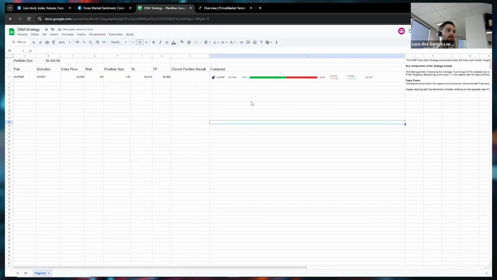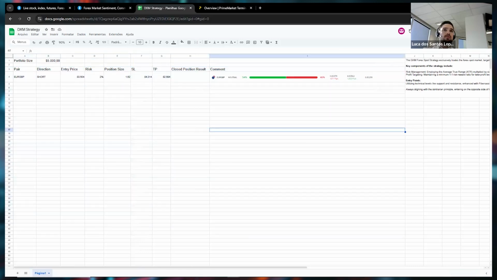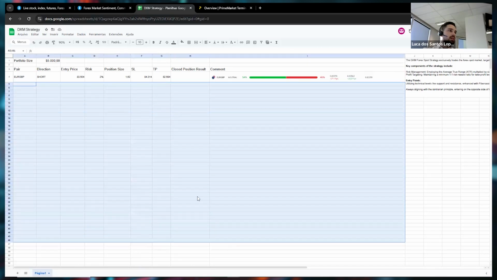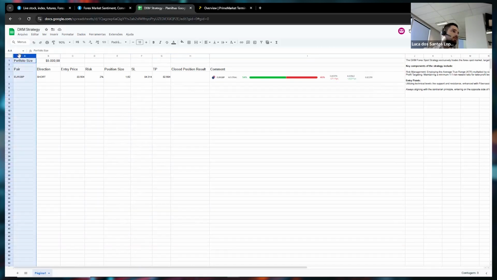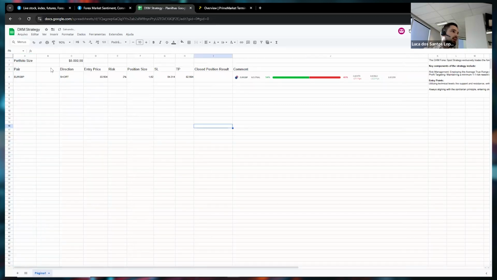That's pretty much it for the Excel, and now we're just going to start building it up from the trades. Oh yeah, I forgot one thing: the date.